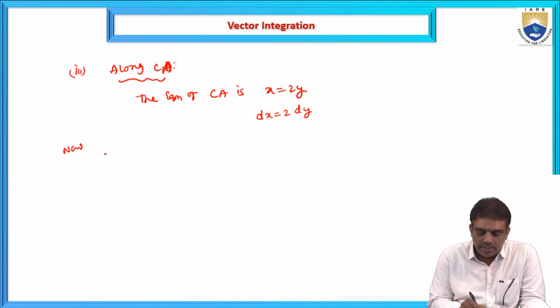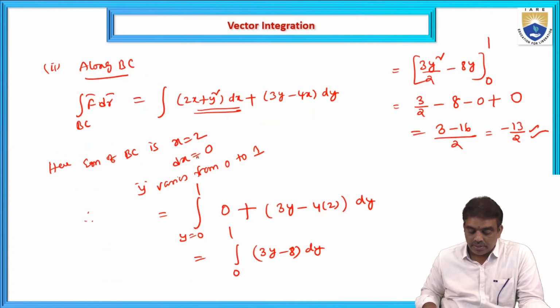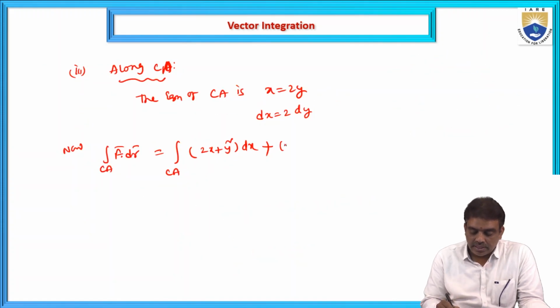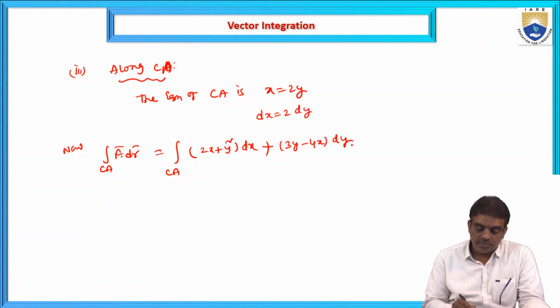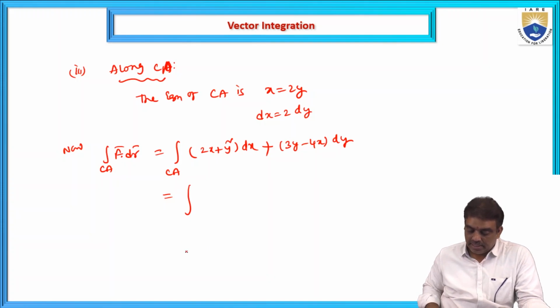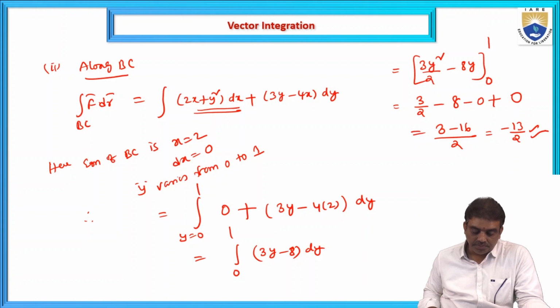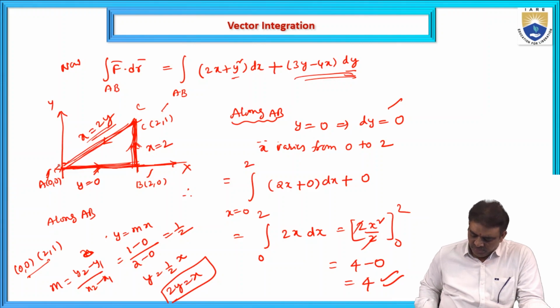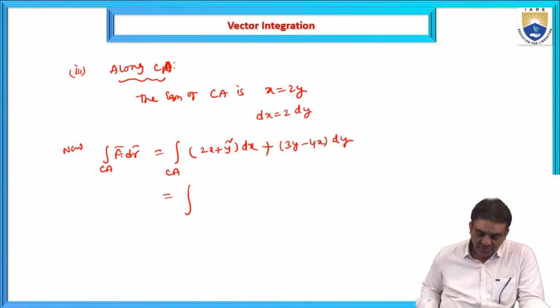Now, the integral of f bar dot dr bar along CA is equal to the integral along CA of (2x plus y square) dx plus (3y minus 4x) dy. Along CA, y varies from 1 to 0.